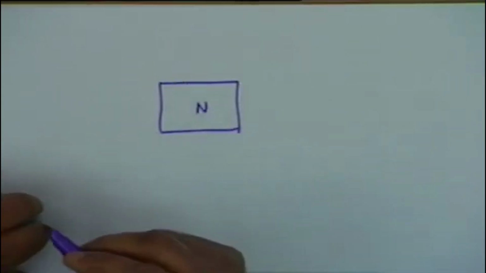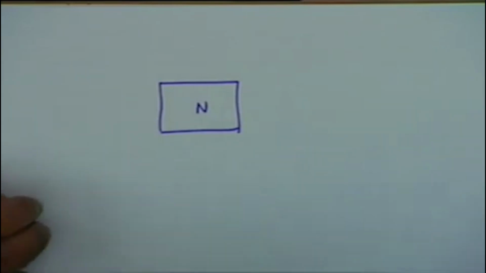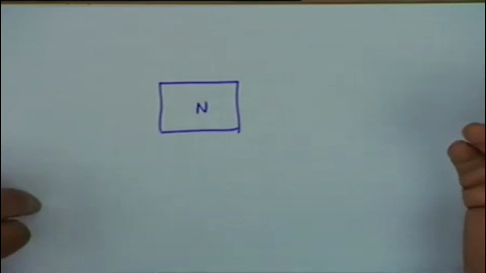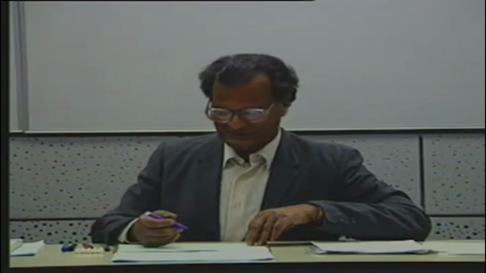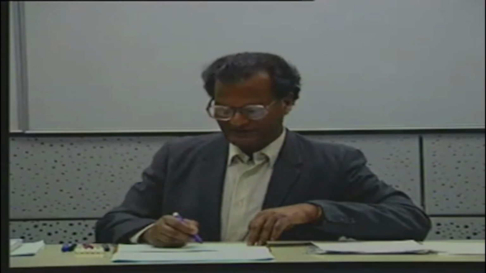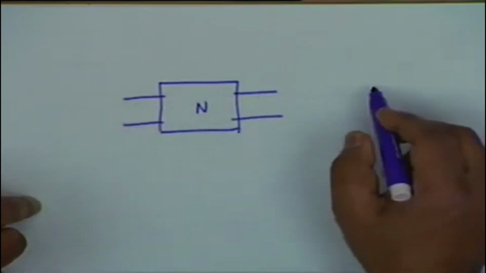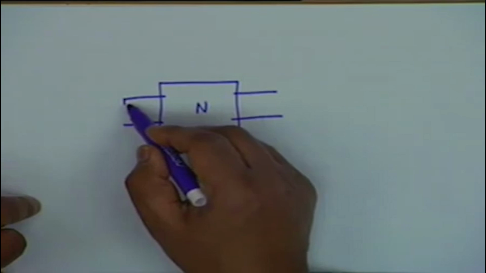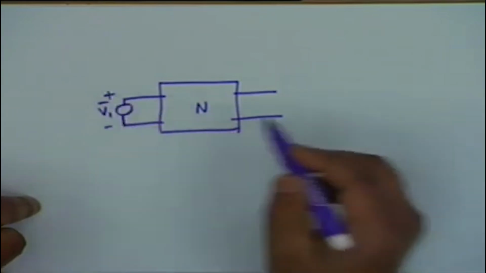You have a network N which is a reciprocal network. Any network which obeys the reciprocity theorem is called a reciprocal network, but then you cannot define the reciprocity theorem in terms of a reciprocal network. So you say N contains only linear and bilateral elements. It is a two-port network, and therefore if you apply a voltage source, I am going to ask you a question now.